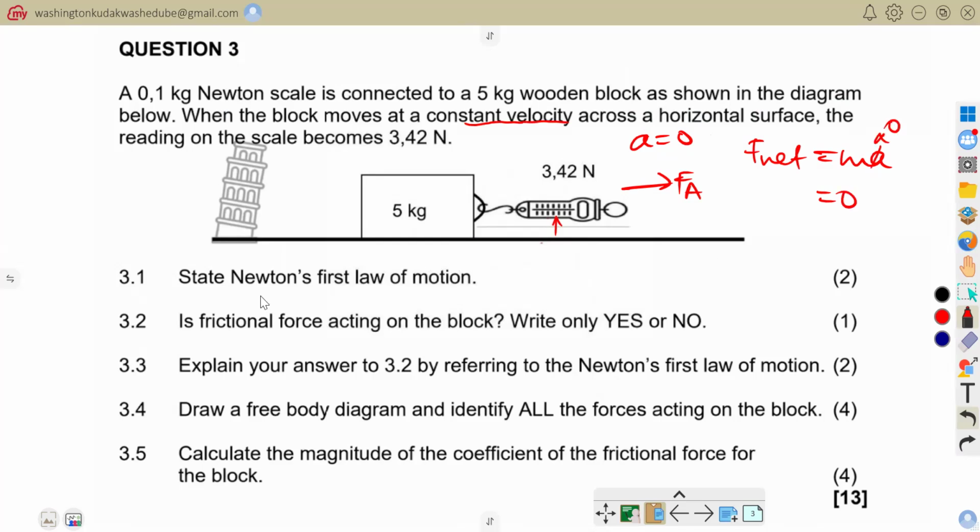Now, let's look at the questions here. They are saying state Newton's first law of motion.